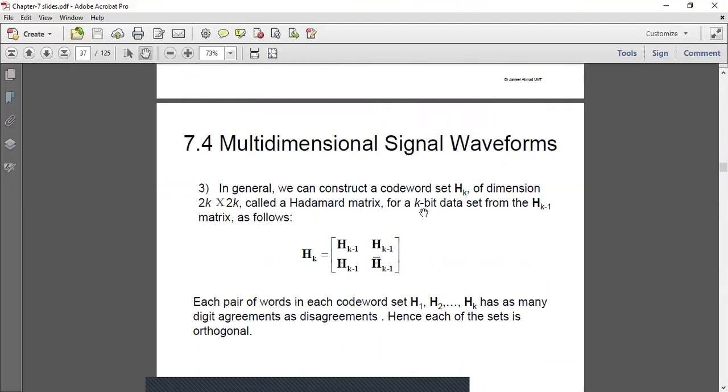It is constructed from the H(k-1) matrix, so you should have H(k-1) available before you can generate Hk. So 2^k by 2^k is the size of the Hadamard matrix.